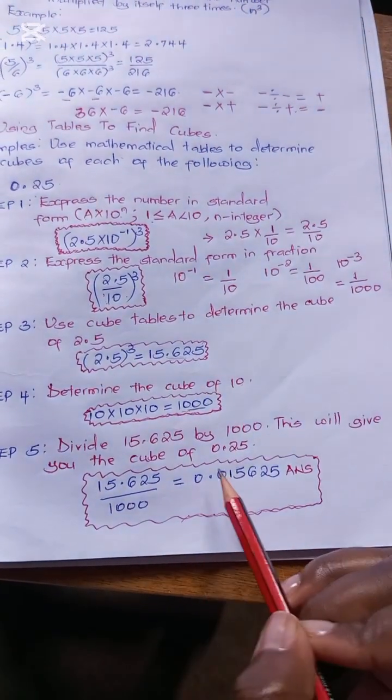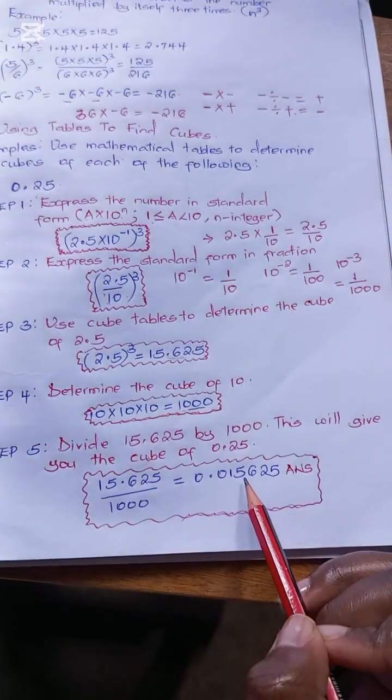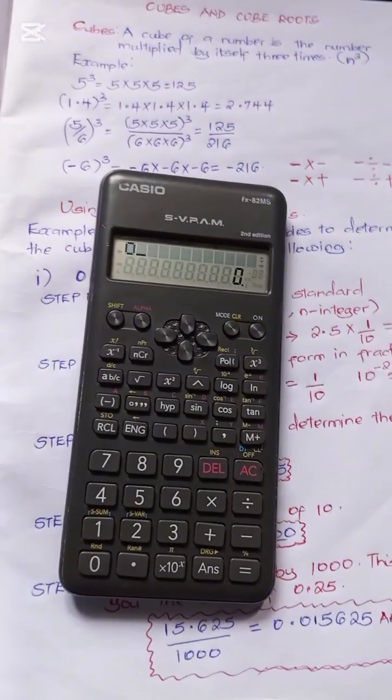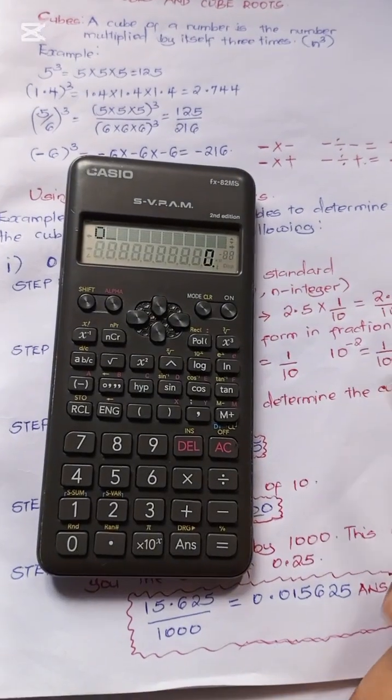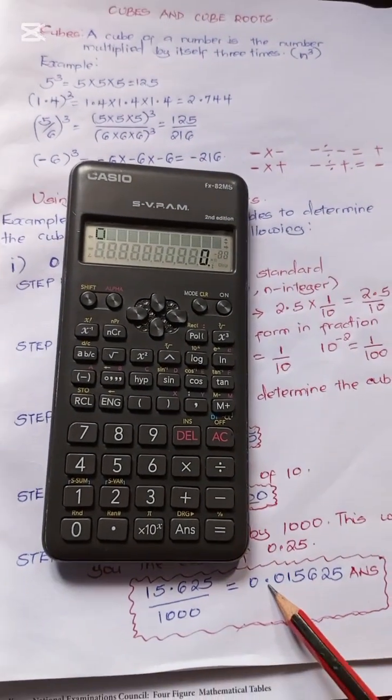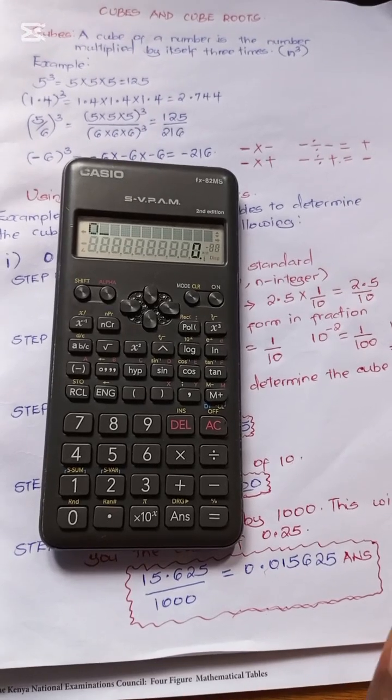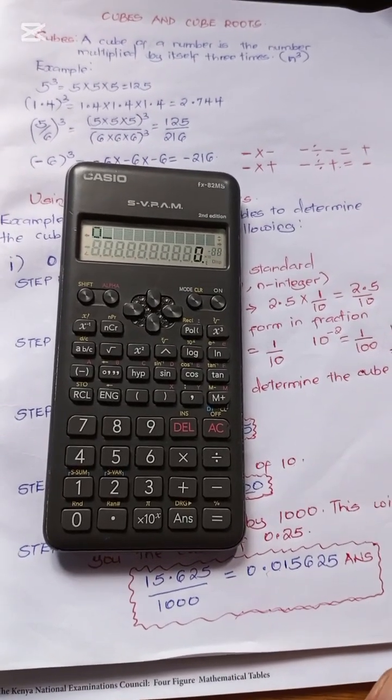And the answer will be 0.015625. We can confirm it with our calculators. It should be giving you something similar to this or the exact same answer, something close to the value that you have gotten from the mathematical table.